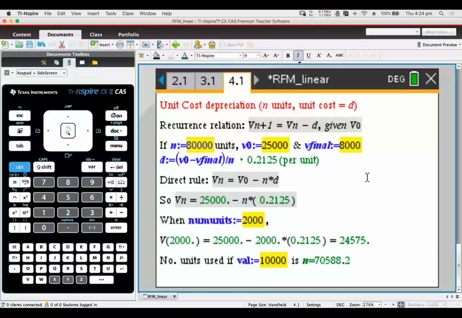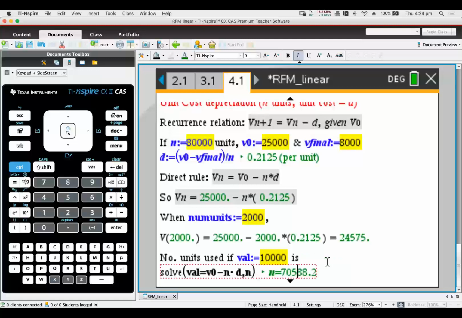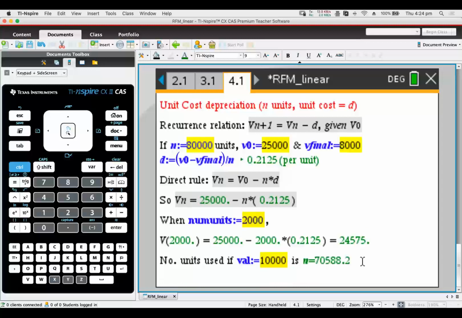And then similarly, you can say, okay, well, if the value is 10,000, what does that mean in terms of the amount of usage that particular asset has had? And similarly to before, you'll notice that there's a solve command for that. You'll also notice that there's no sequence showing you the first few terms.